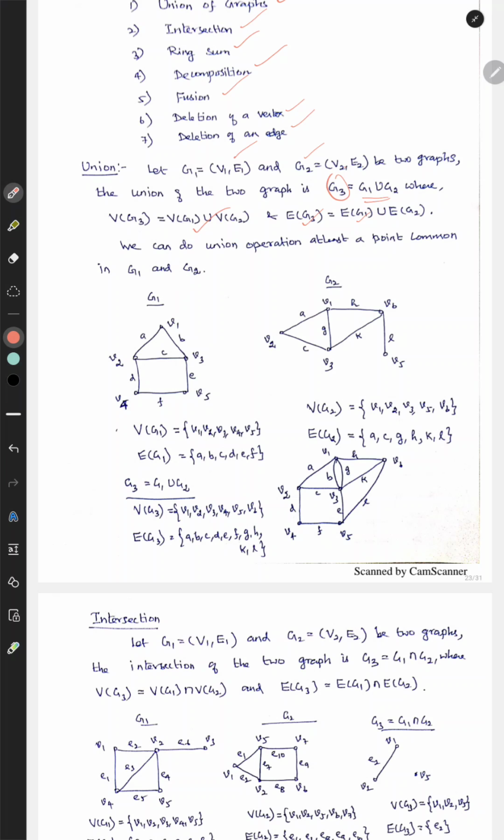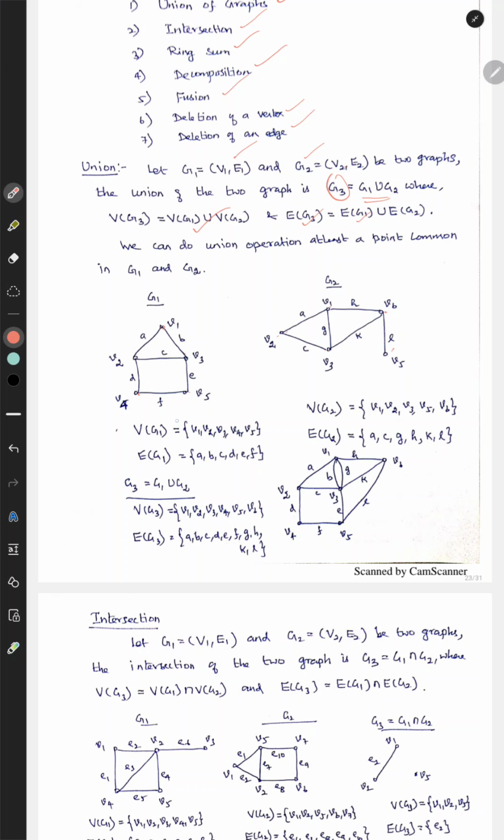So you consider this particular graph G1 where the vertices are V1, V3, V5, V4, V2 and these edges, and in G2 you have V2, V1, V3, V6, V5. V4 is not in G2, and V6 is not in G1. But you have common vertices V1, V2, V3, V5 in both G1 and G2.